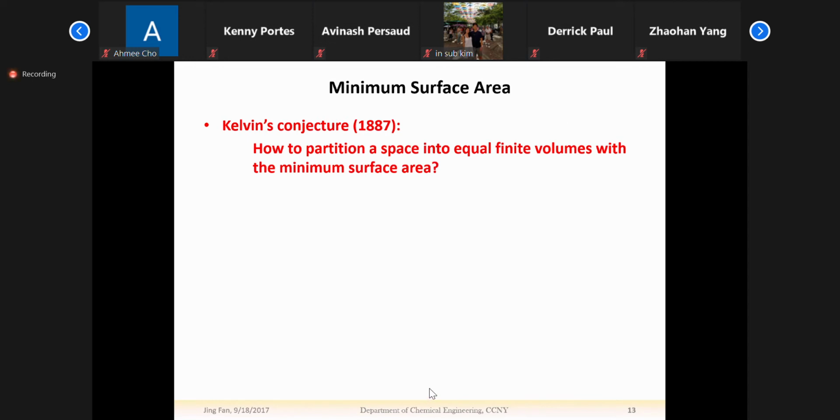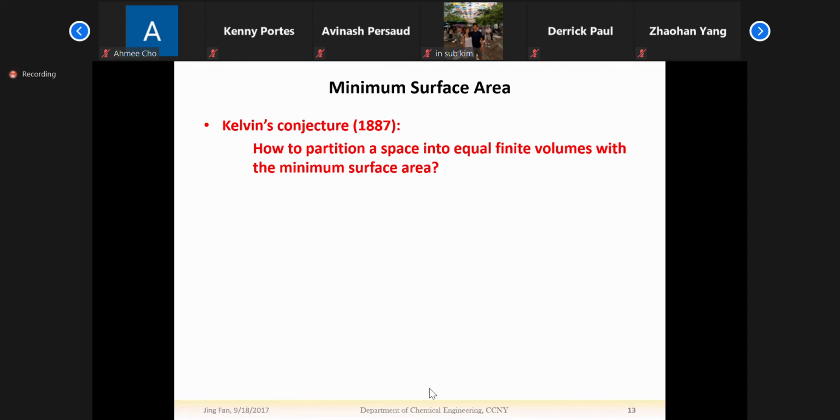So maybe I will first give you a 2D version of his question. If we have an infinite plane, just one 2D plane, how do we partition the plane into equal areas with the minimum perimeter?